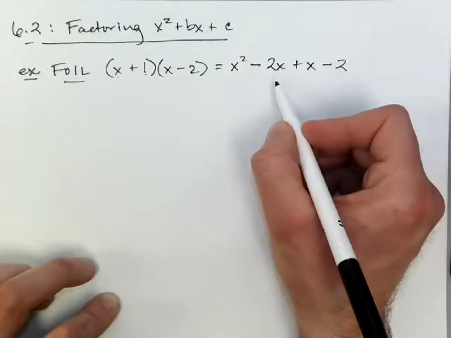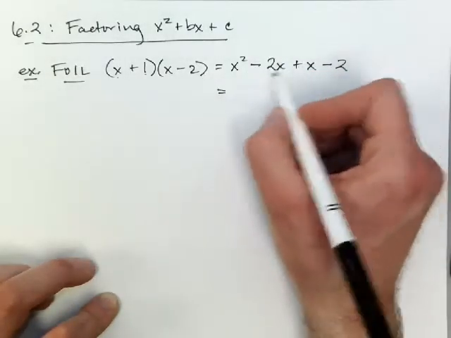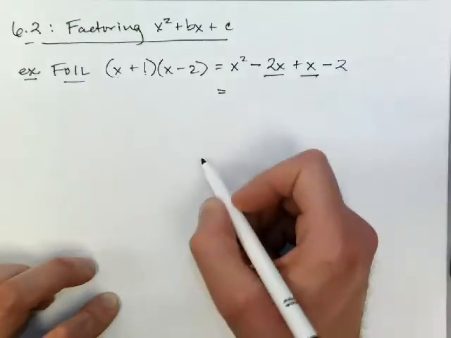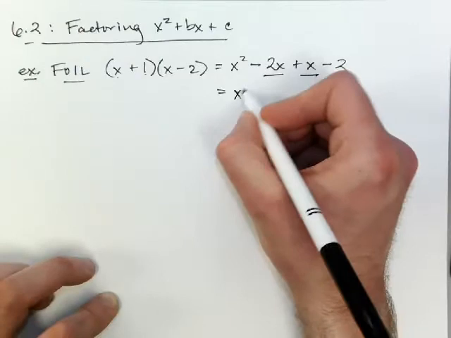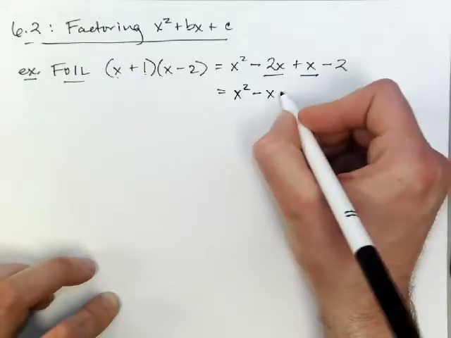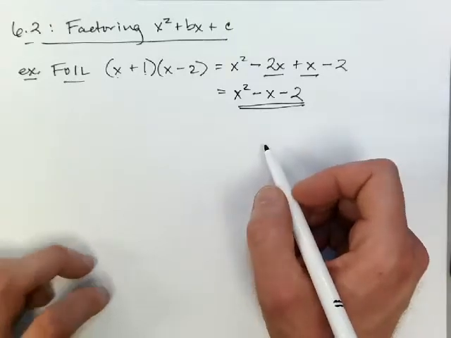So we got the 4 terms. Now, what will happen generally is 2 of those terms are like terms, and we can combine them. So x squared minus x minus 2 is what we would get for the simplified form.